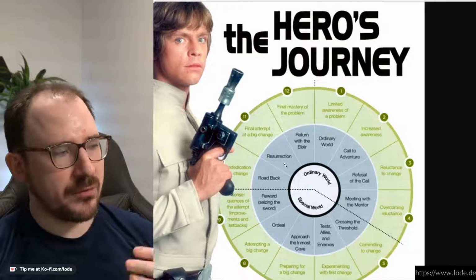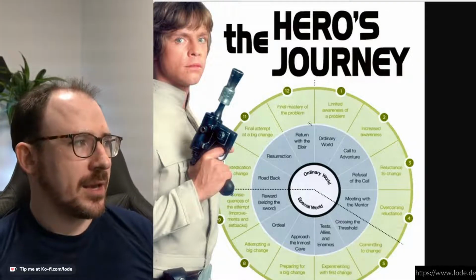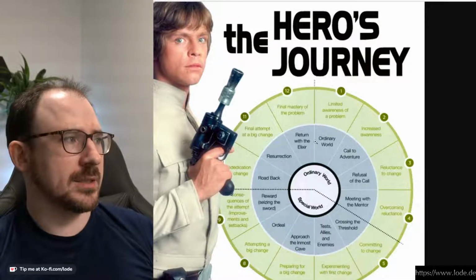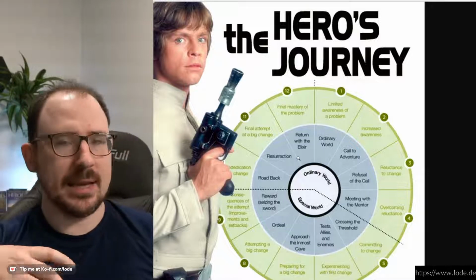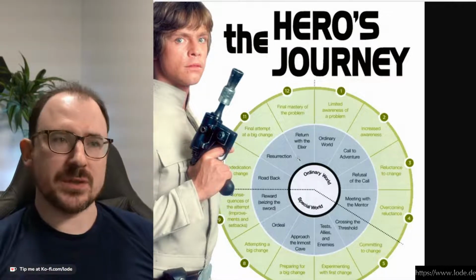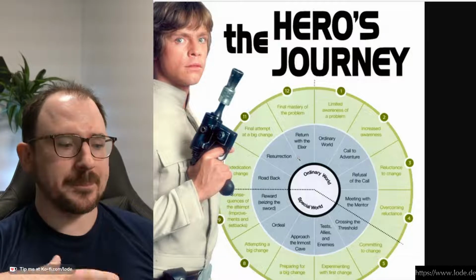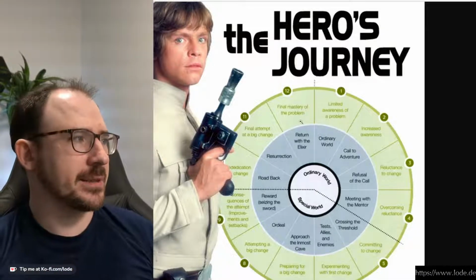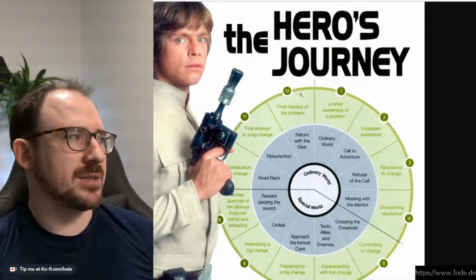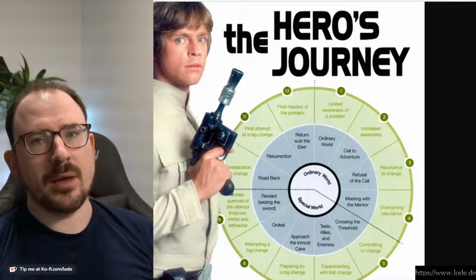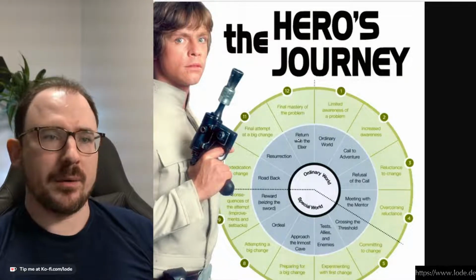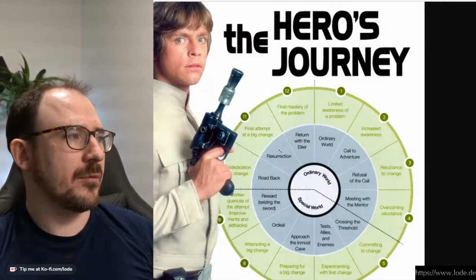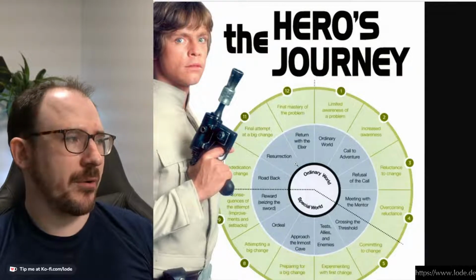There's another final fight, and then there's a return, here called the return with the elixir, or the return of the solution. So the emperor was killed, and he is now on another journey, maybe to be the wise person, the Yoda person himself.